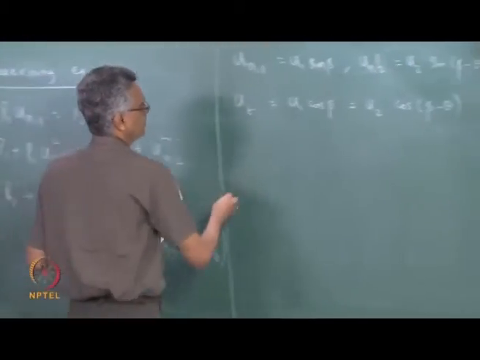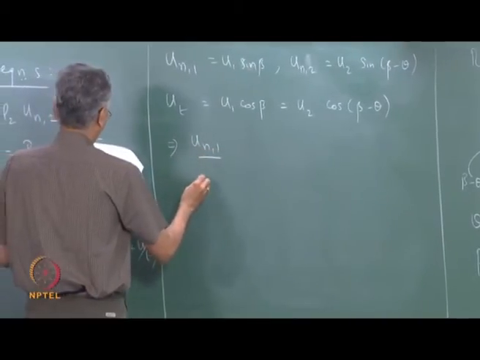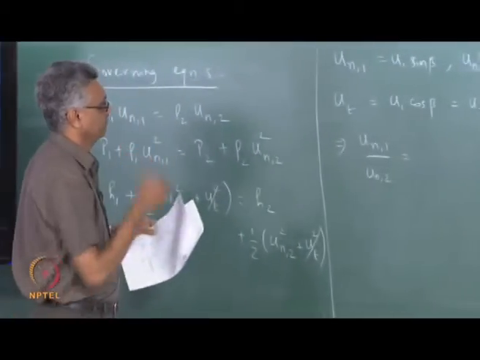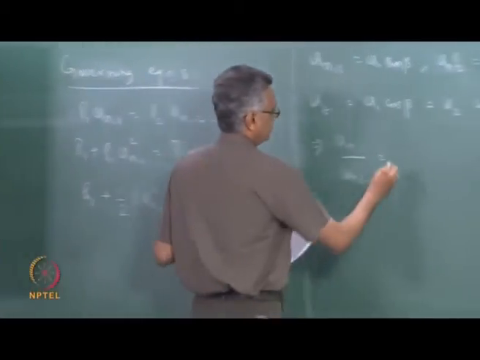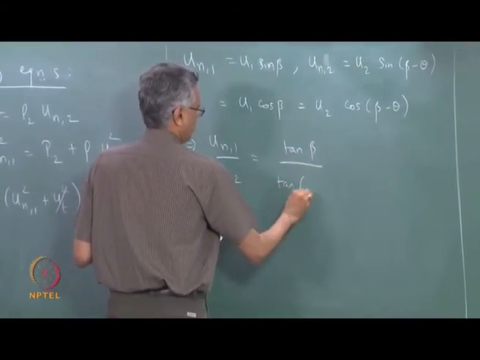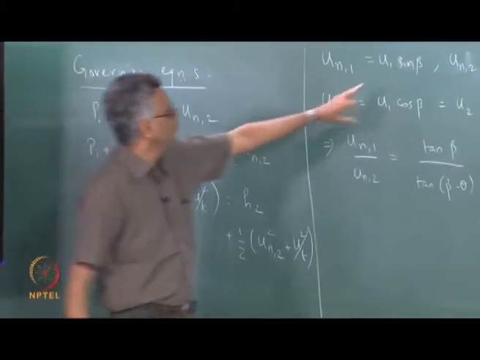So from these two, I can write un1 over un2 is equal to tangent beta divided by tangent of beta minus theta. Okay, there is a u1 over u2.